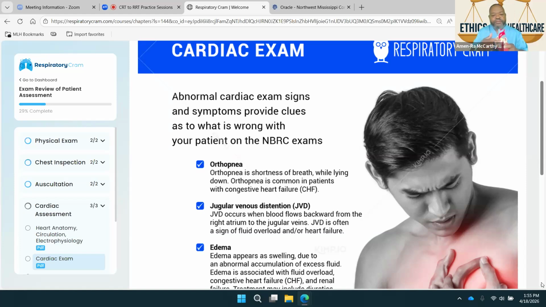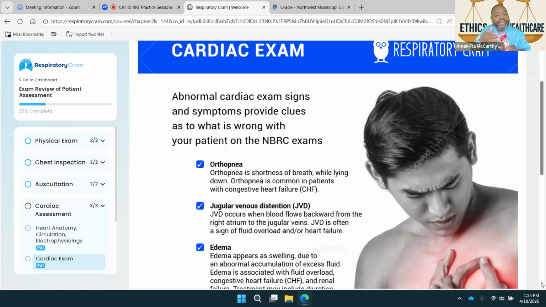So if we have a patient who has JVD, what's happening is as the blood comes back to the right side of the heart via the superior or inferior vena cava, right? It gets to the right atrium, but can't get down into the right ventricle. It might be a tricuspid valve problem. It could be cor pulmonale, whatever it is.